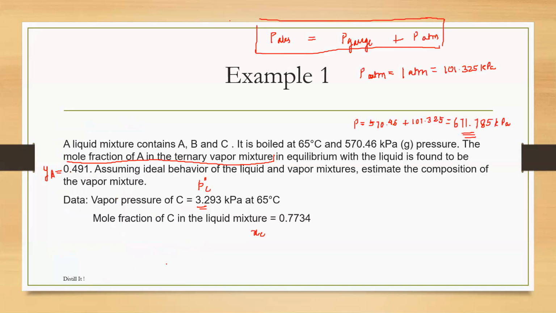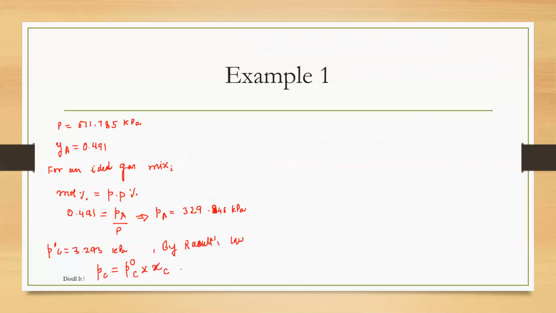They have given XC equal to 0.7734, so PC would be 3.293 times 0.7734, which is 2.547 kilopascal. This is the partial pressure of C.